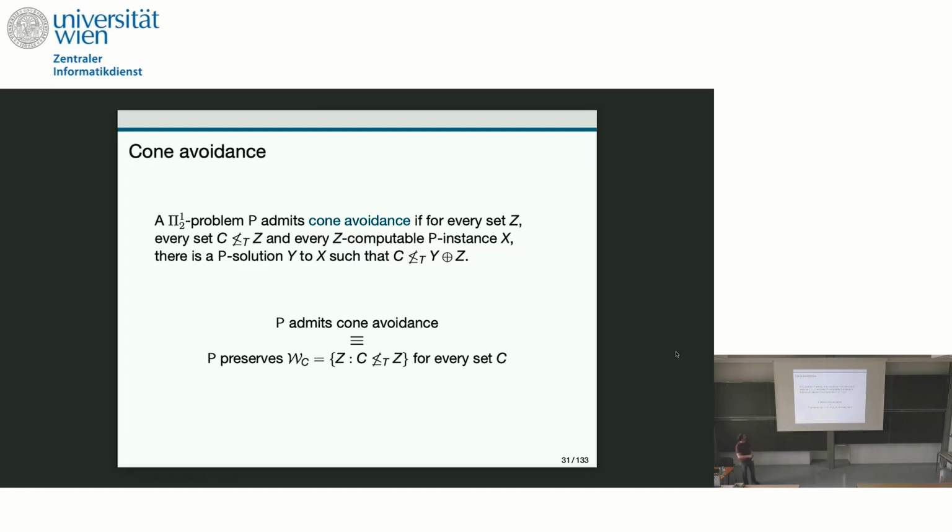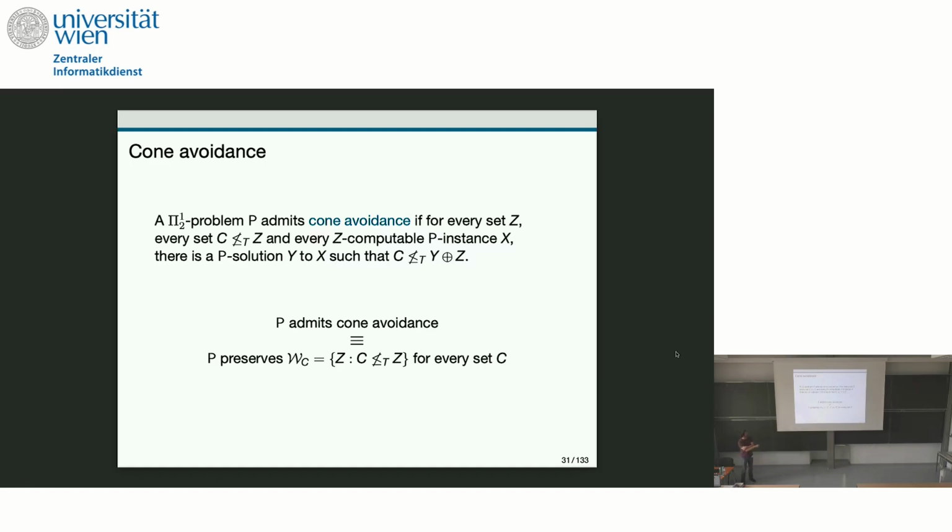So it seems to be a bit technical because of the relativization, but really it means that if a set is not computable, then for every computable instance, you have a solution which still does not compute your cone, and you close it so that you can iterate it.